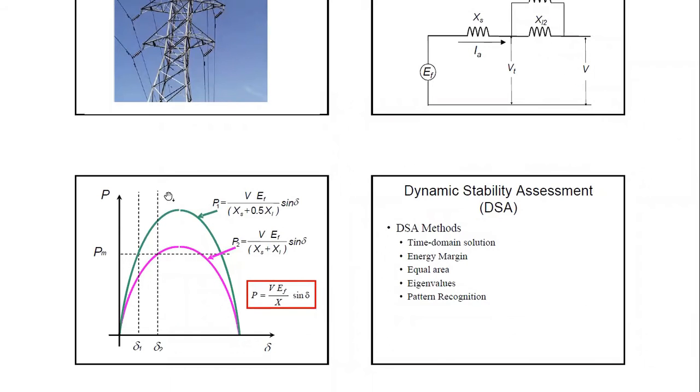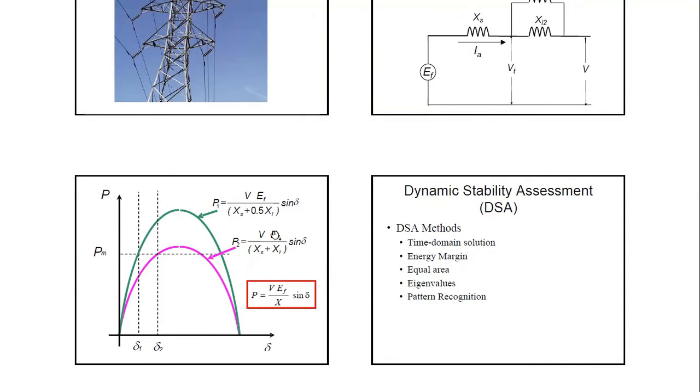We can see this from these two power angle curves. This is P2, where we won't have two parallel lines. When we have a single line transmitting power from one bus to another, P equals V into EF divided by XS plus XL, into sine of delta.